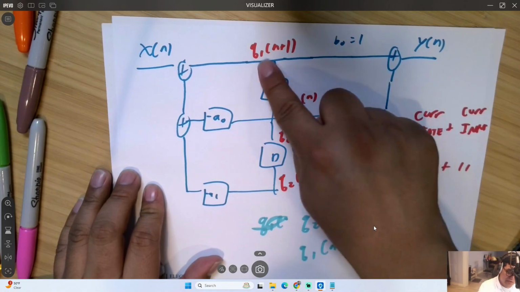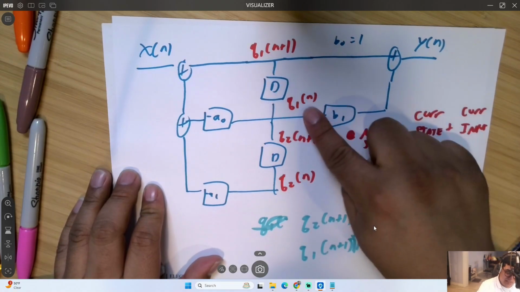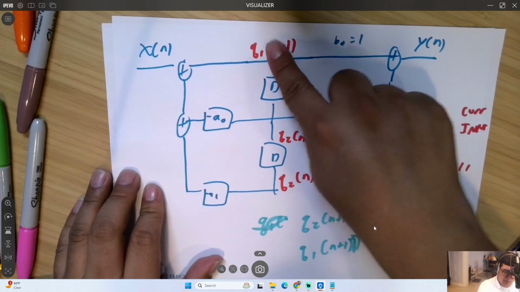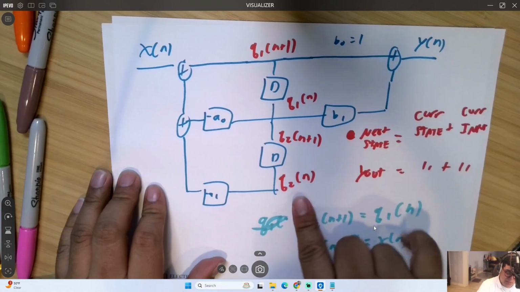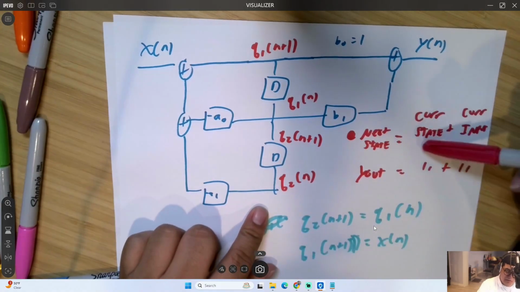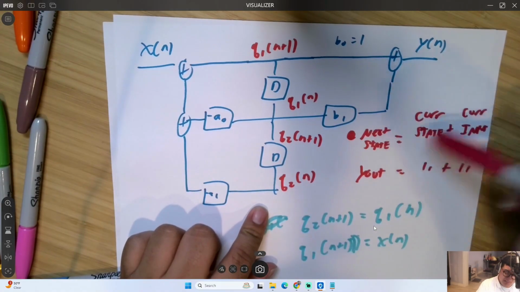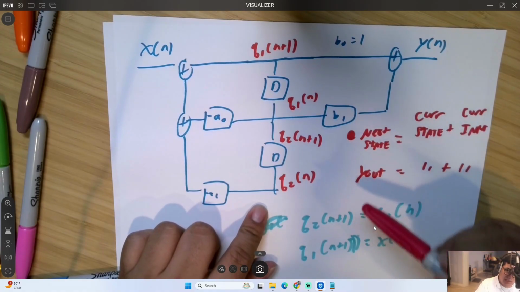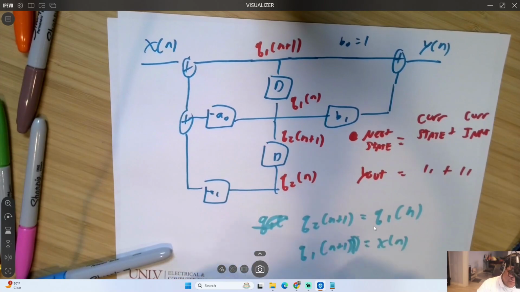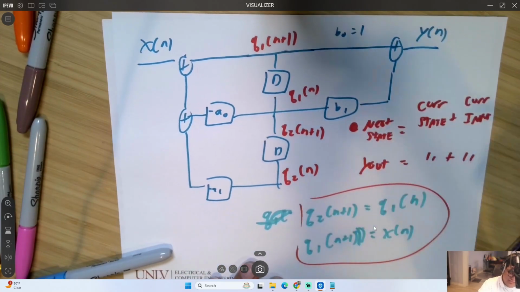I set Q1, right? Here's our n plus 1, here's our Q, and it gets delayed, turns into Q1 of n. Here's a Q2 n plus 1. That gets delayed. Current state and current inputs are going to define our next state. Current state and current input define our output. You can solve this equation, boom, and then get your Q's, you're done.